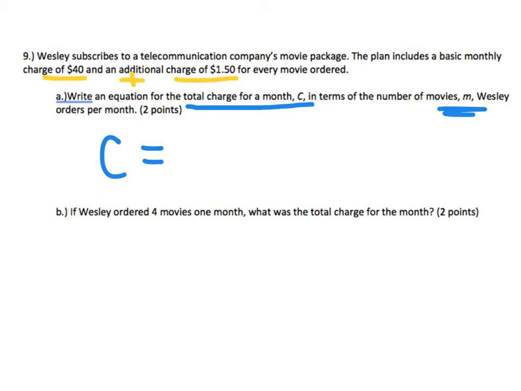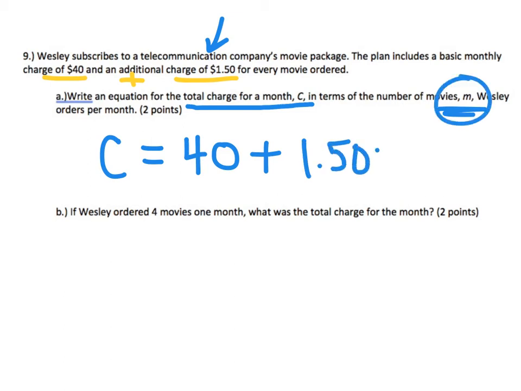So looking back at the word problem up here, it's $40 and an additional charge of $1.50, and it tells us to use M for the number of movies ordered.